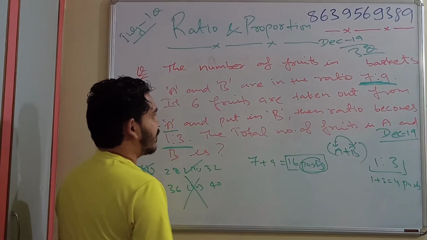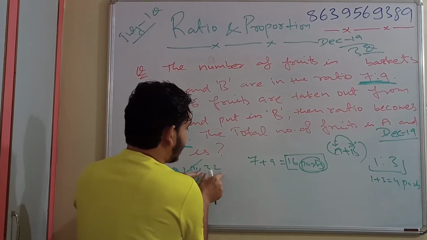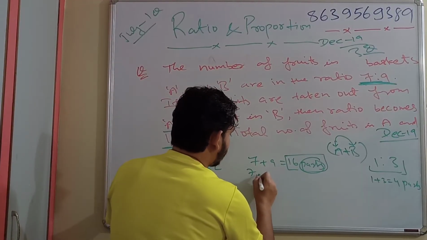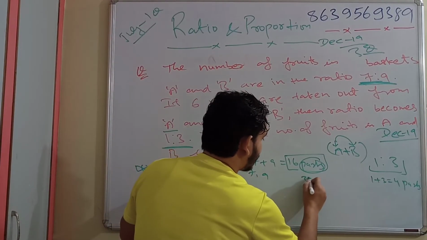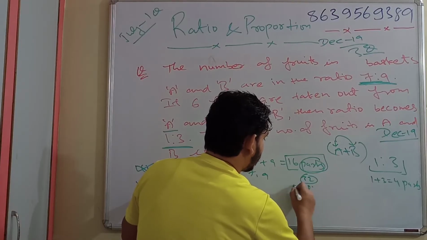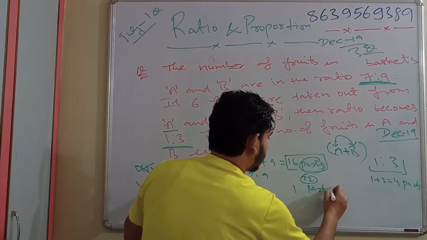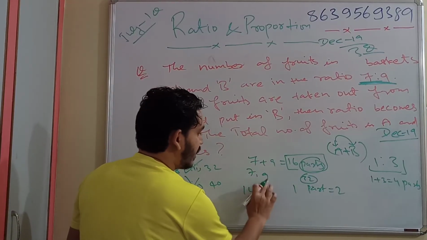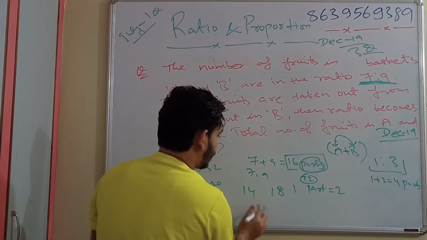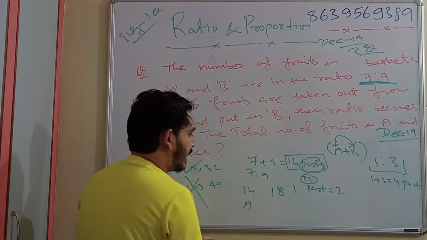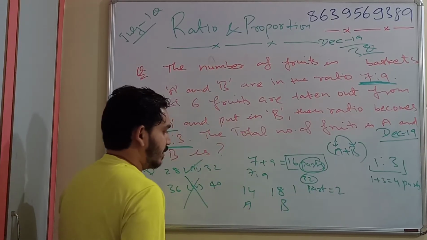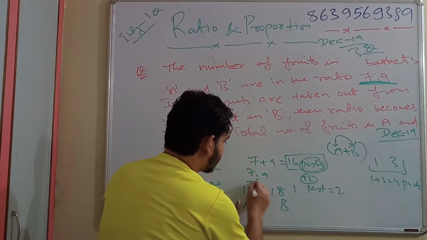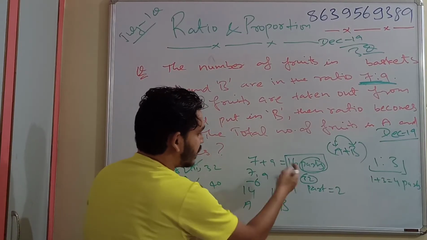But let's verify the answer. When we will divide this 32 in this part, the 7:9, the 16 parts will be 32. Nothing but one part will be 2. Now I can divide 16, 7 2s are 14 and 9 2s are 18. So these are the fruits in A, these are the fruits in B. When I will remove 6 from A, this is -6 and this I am keeping in this part.